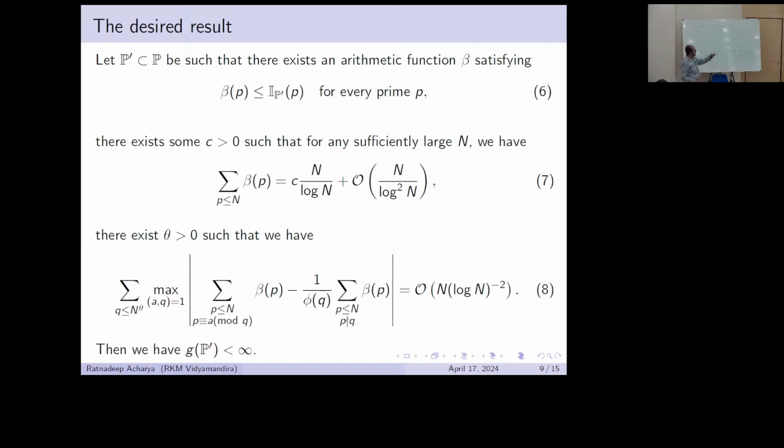Now we have two positive constants c and theta, and g of p prime is explicit and can be written in terms of c and theta. So if you can improve theta, with c fixed, you will get a better result for g of p prime.